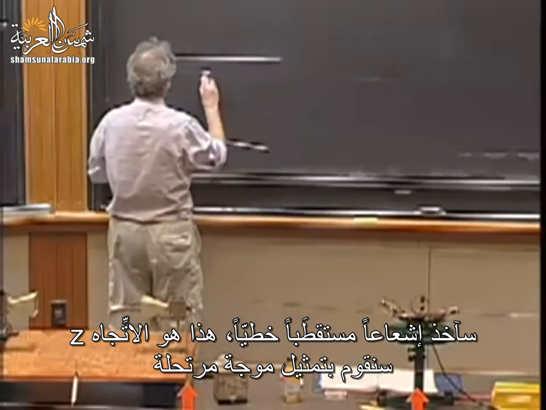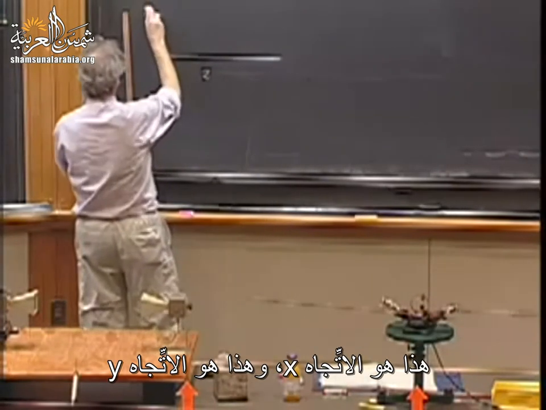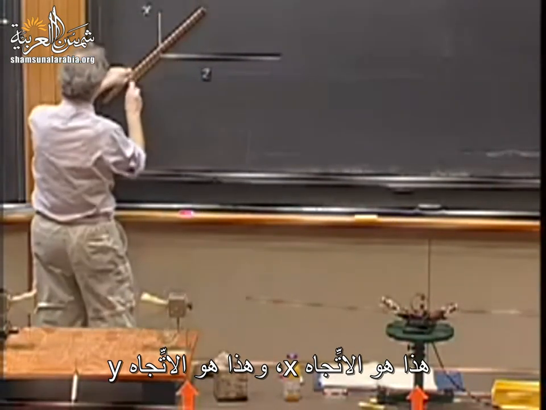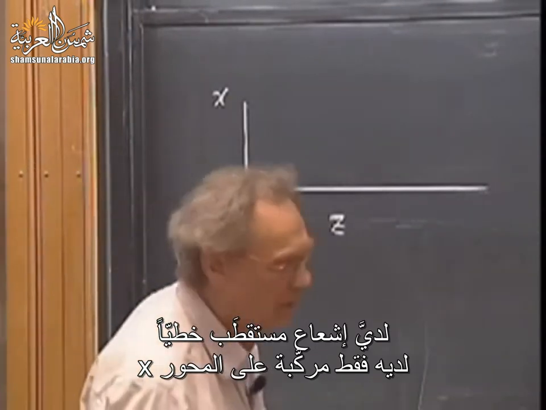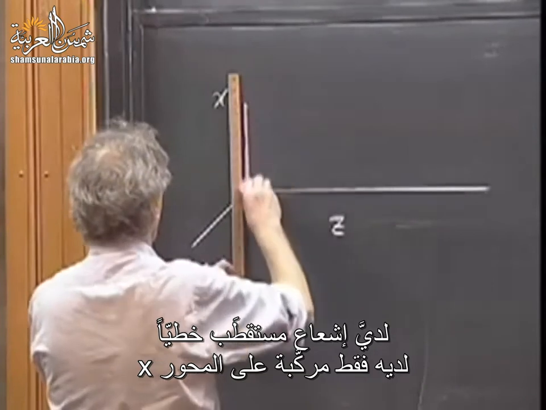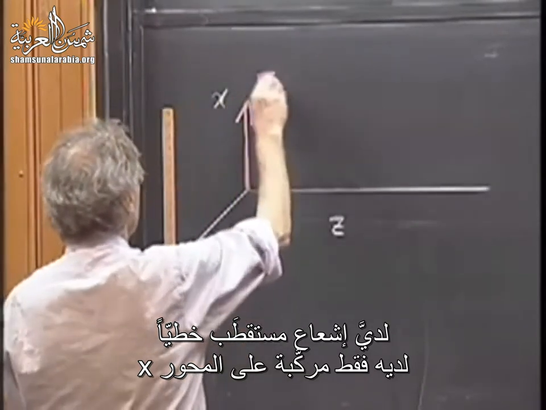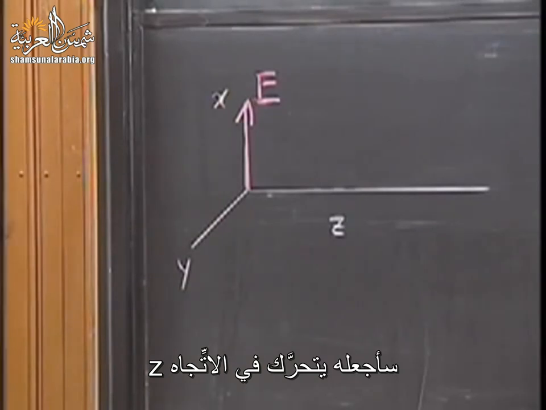This is my z direction. It's going to make it a traveling wave. This is my x direction. And this is my y direction. I'm going to linearly polarize radiation, so it only has an x component, and I'm going to make it move in the z direction.